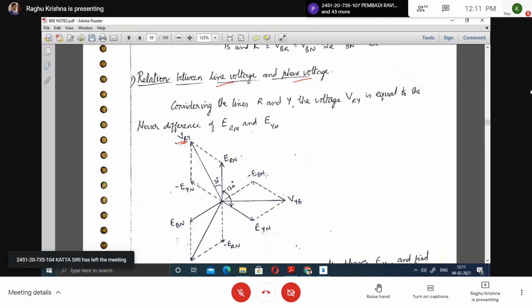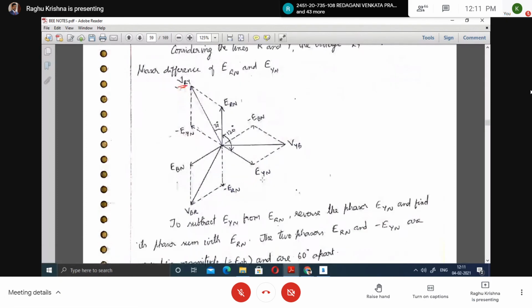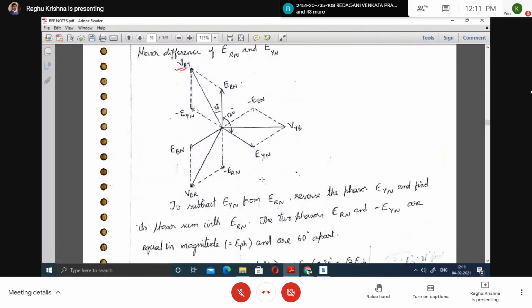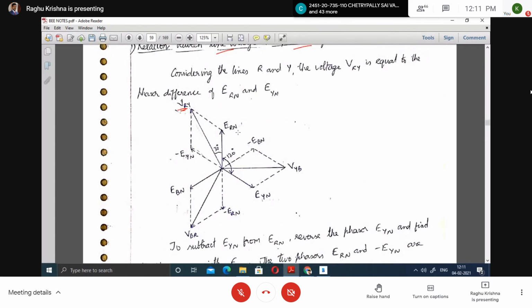So how to get EYN? To draw this phasor diagram, first you have to draw ERN. Second, with 120 degrees, you put 120 degrees and draw EYN.